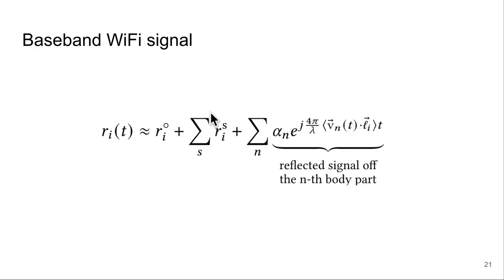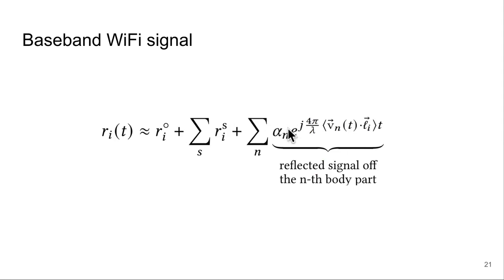Then formally, the baseband Wi-Fi signal received by the RX of the i-th link can be approximated as follows. Here, the first term is the direct signal from the TX to the RX of the i-th link, and the next term is the signal of static paths reflected off static objects in the environment.